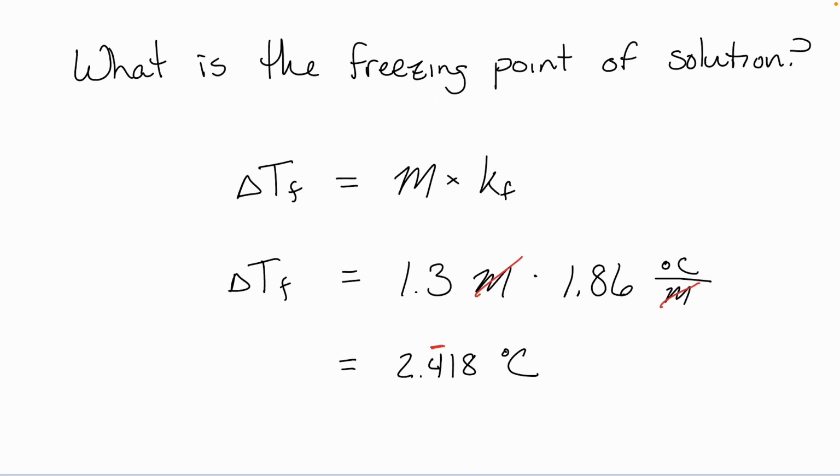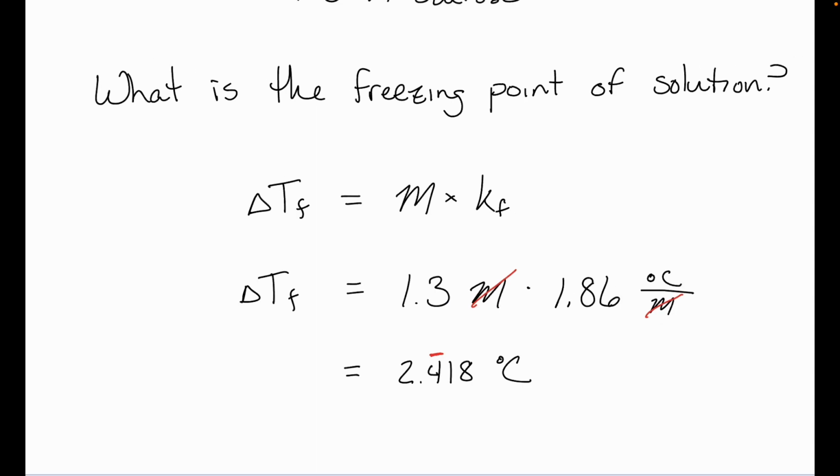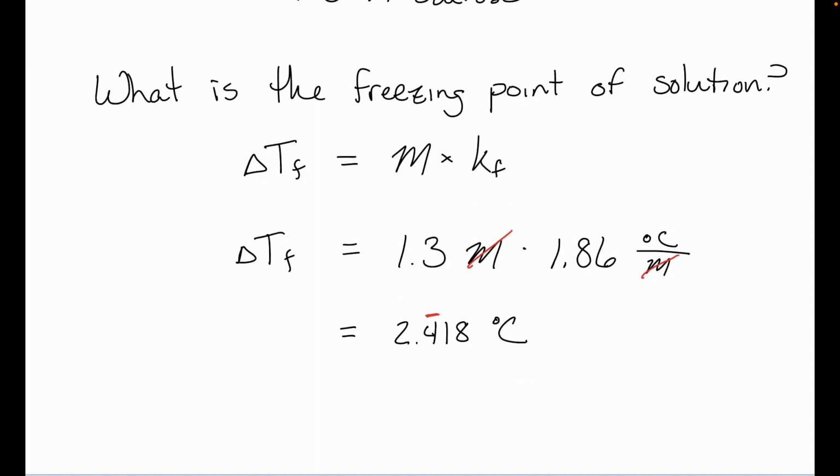You don't stop at the delta T. There's one more step, which is to take your normal freezing point and subtract that delta TF. All right, so T freezing minus the delta TF. That's my new freezing point.